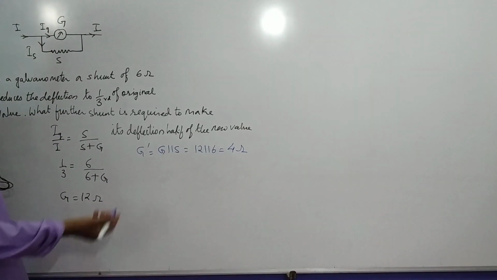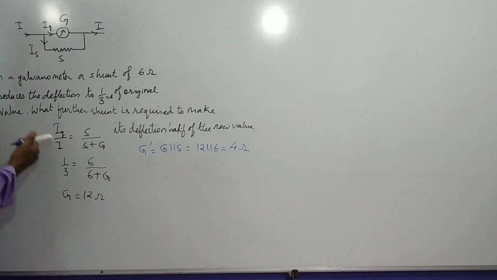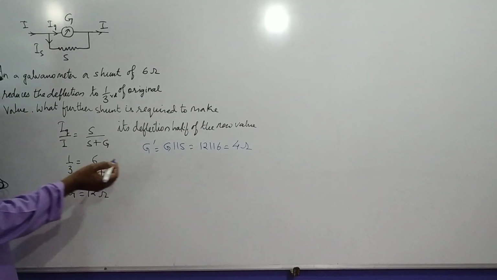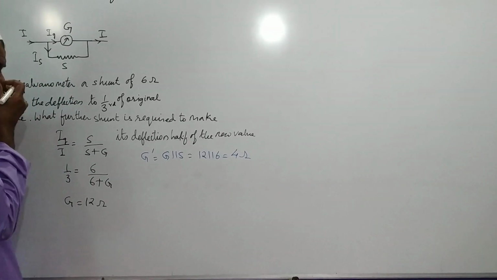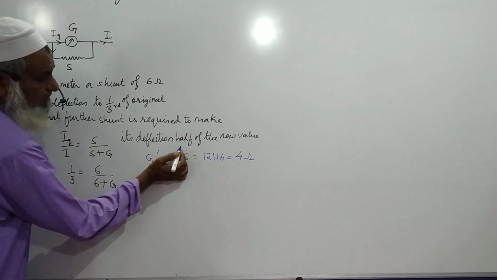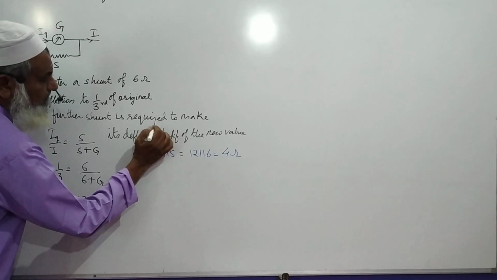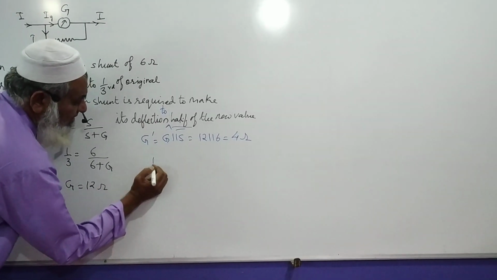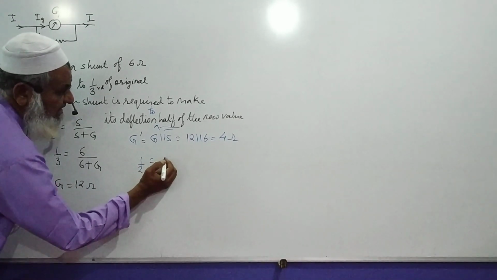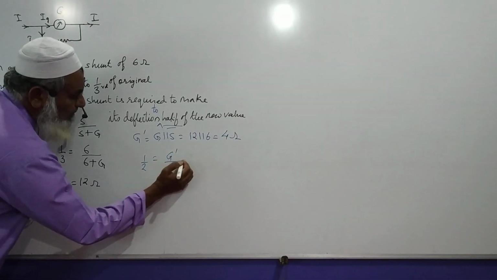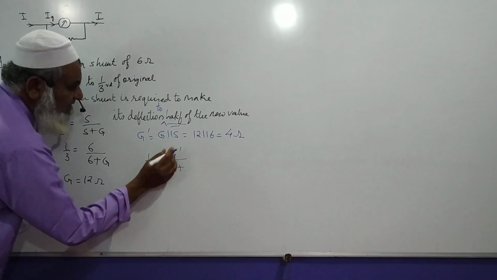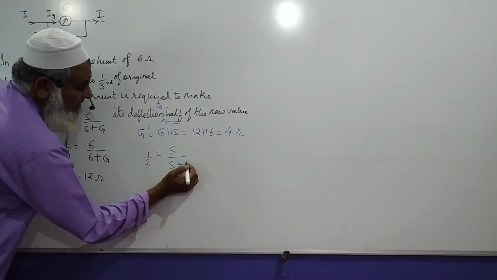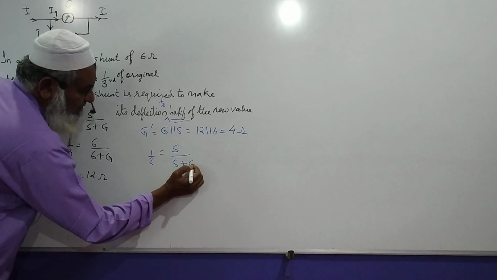So then I can use this G dash in the Ig upon I formula. So Ig upon I is half, as it is saying reduce the deflection to half. So Ig upon I will be half is equal to S upon S plus G dash.